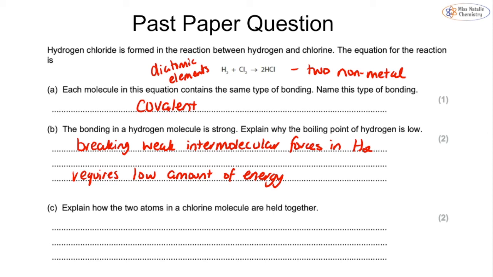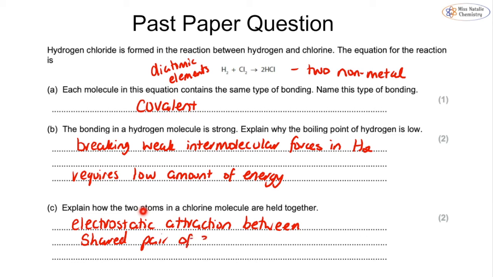And then for part C, explain how the two atoms in a chlorine molecule are held together. Well, that's all of this electrostatic attraction. This is our key term that we use. And this is between the shared pair of electrons and the positive nuclei.